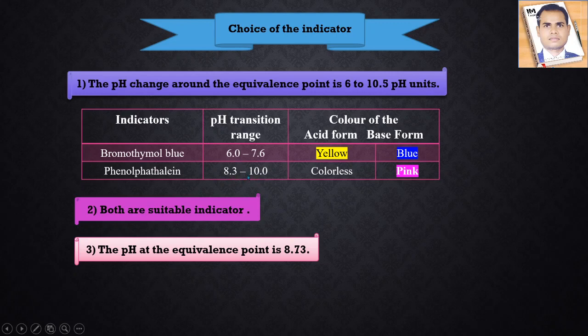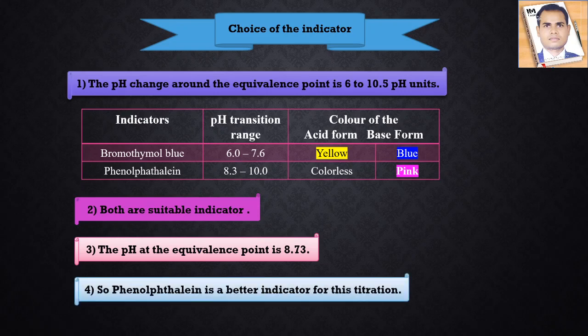So you can easily say the best indicator for this kind of titration is phenolphthalein. That means for the strong base and weak acid titration you will use the phenolphthalein indicator to determine the endpoint, to complete the transition range of this reaction.